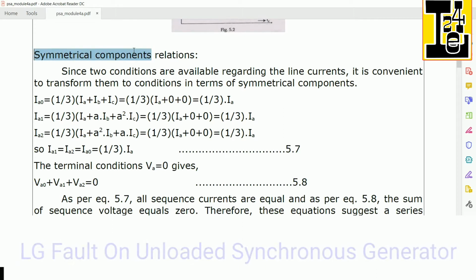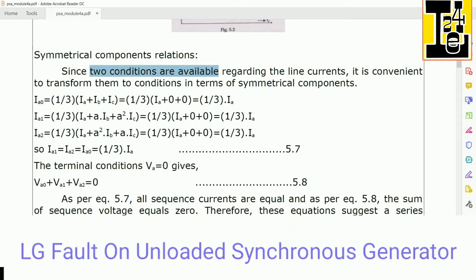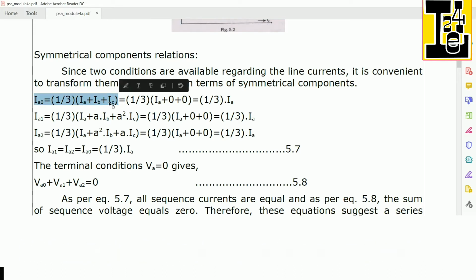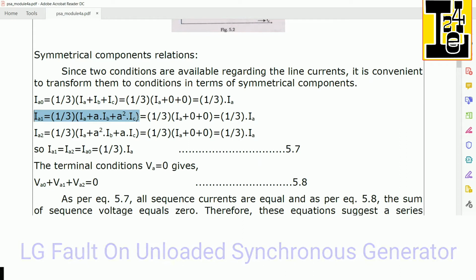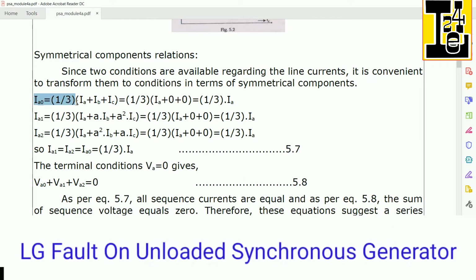Next is symmetrical component relations. Since the conditions are available in terms of line currents, it is convenient to transform them to conditions in terms of symmetrical components. We have the expressions for symmetrical components in terms of line currents, which were derived in module number 3. IA0 equals 1 by 3 into (IA plus IB plus IC).